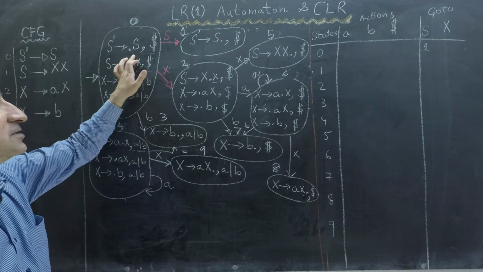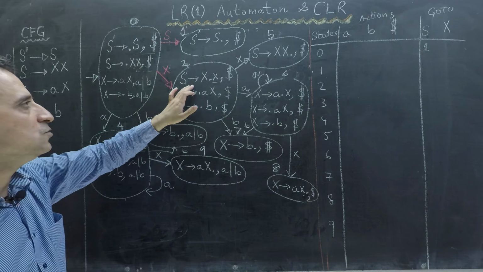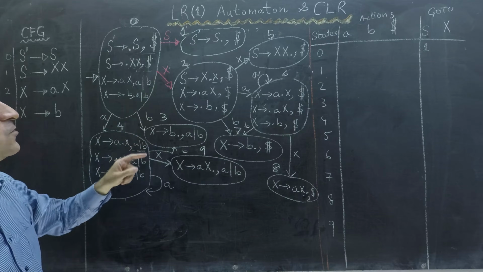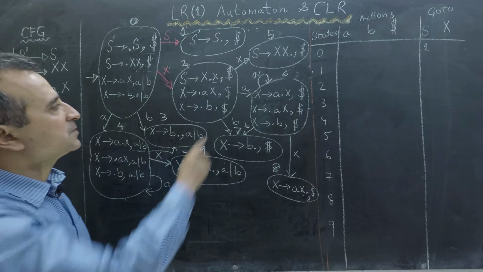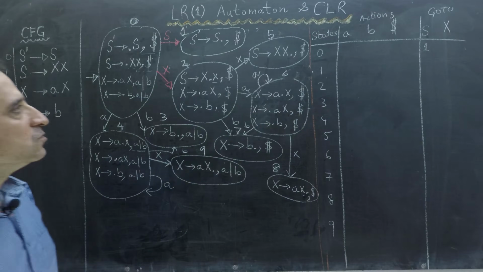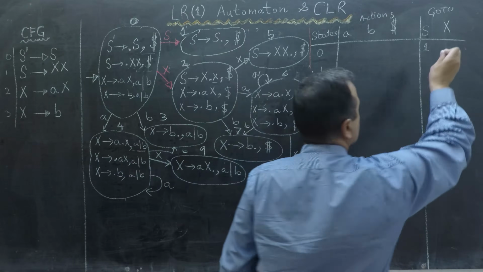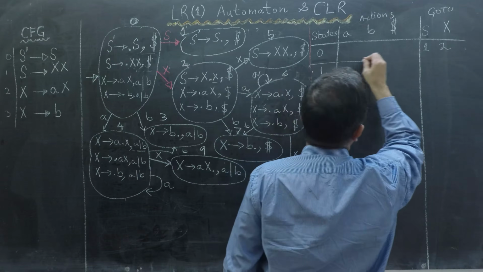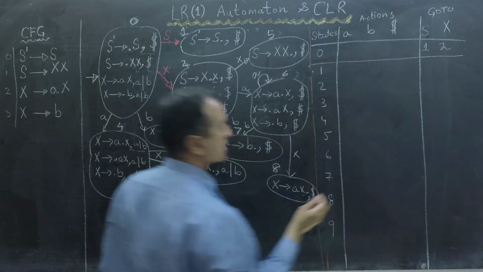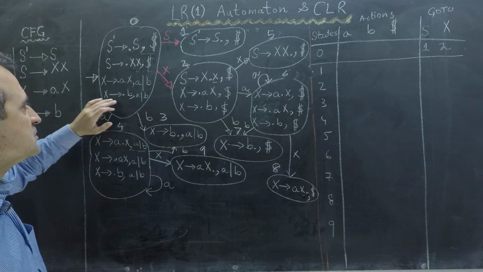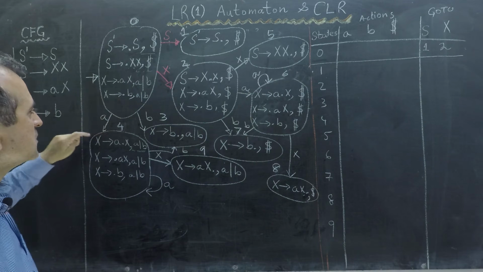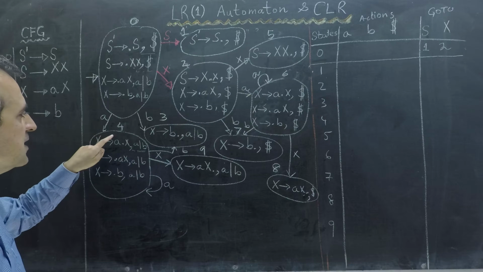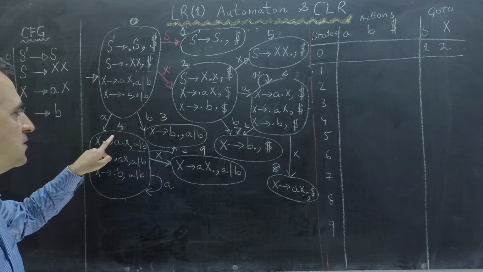From state 0 I go to state 2 on X. Therefore, on the 0th row I will add 2 below X. These are my Goto actions. From state 0 on input symbol A, I go to state 4.